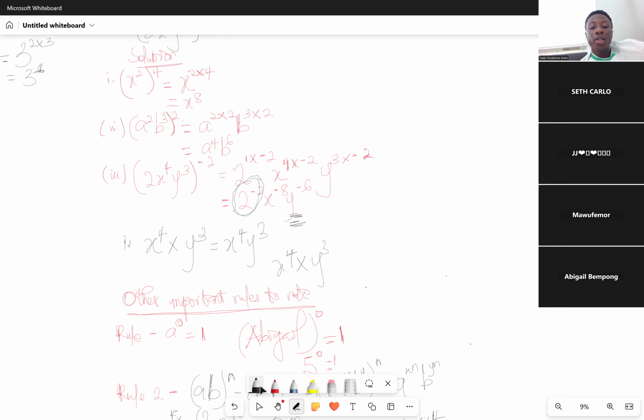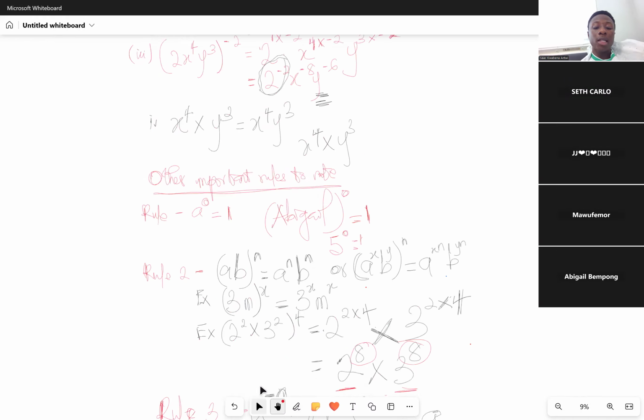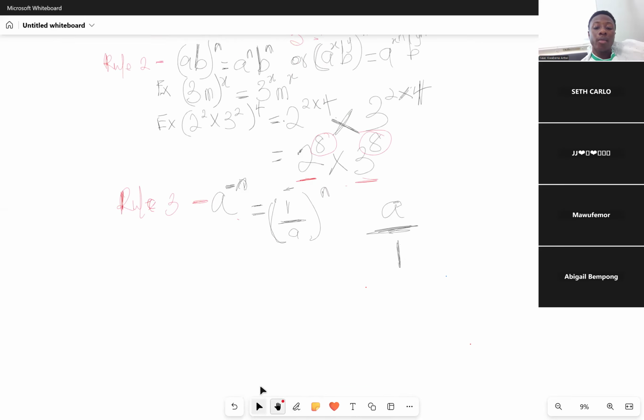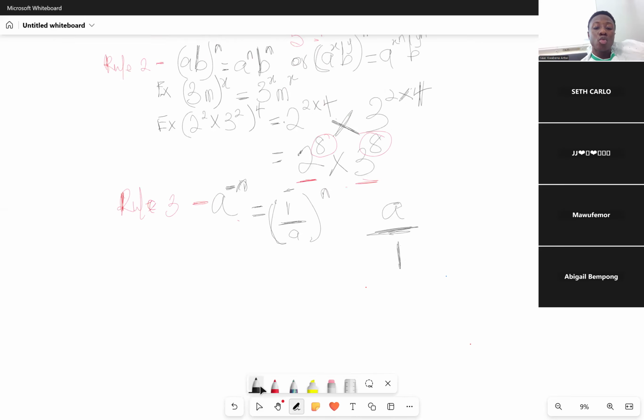So let's apply the same ideology. We said any number raised to a negative index is equal to what? The reciprocal of the number raised to the same but positive index. So if you have 2 exponent negative 2, how would you rewrite that?